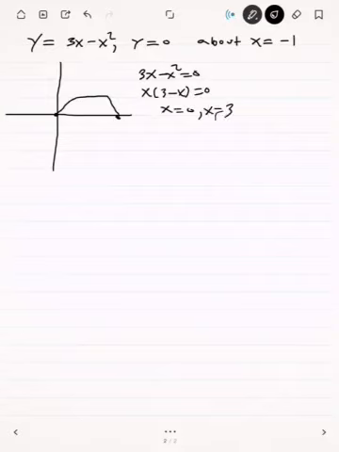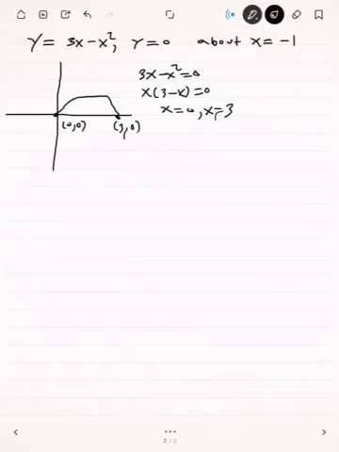And so I'm going to find out what this point and what this point is, and as you can see, you find those by setting 3x minus x squared equal to 0. Factoring out x, you get x times 3 minus x equals 0. So x equals 0 and x equals 3. So this is the point (0, 0), and this is the point (3, 0).